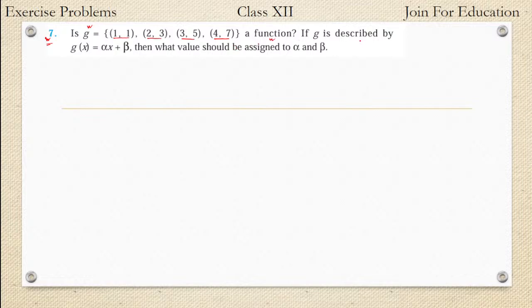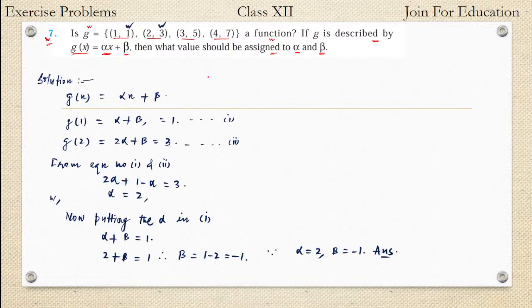If g is described by g(x) equals alpha x plus beta, then what values should be assigned to alpha and beta? Hope there is no problem to understand the question. Let's see the solution of this question.